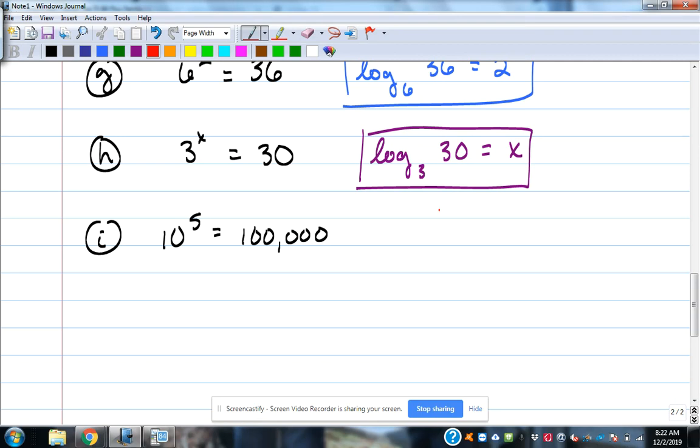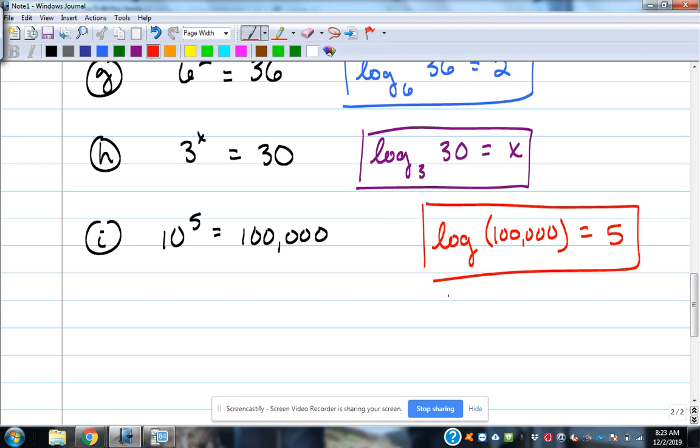So what kind of log are we taking? This log, it's really log base 10. We know they don't write the 10 there. It's understood to be there. Of 100,000. I'm going to put that in parentheses. It's got some zeros in it. Is equal to 5. Parentheses are optional. I kind of like putting them in there.